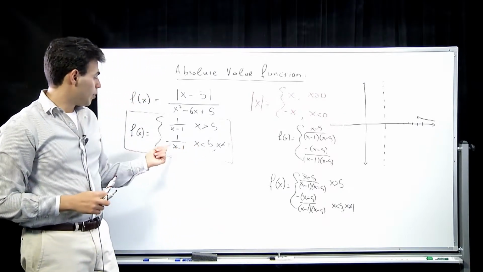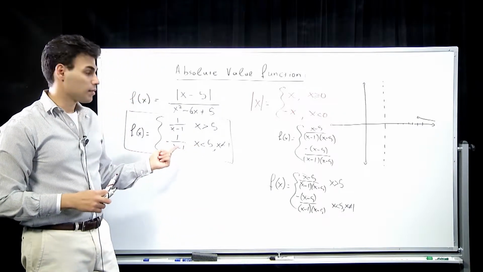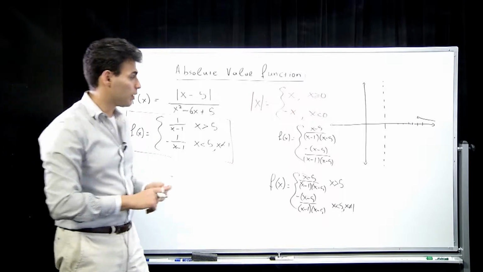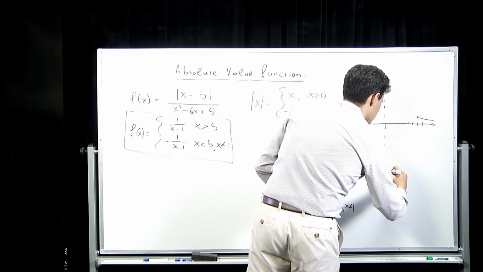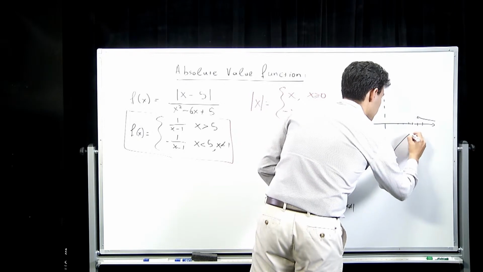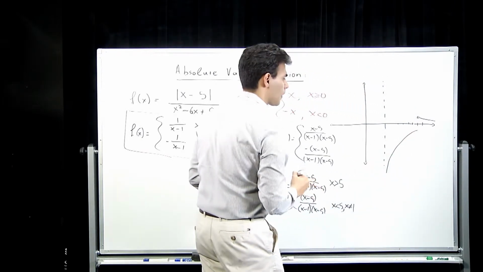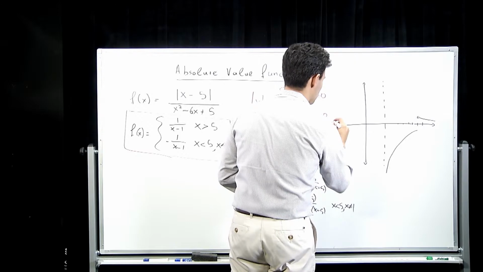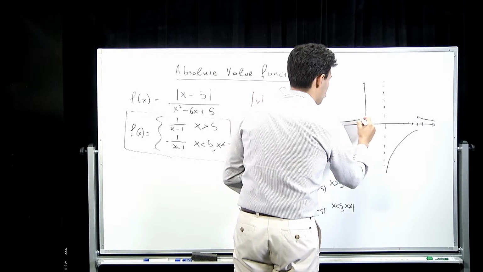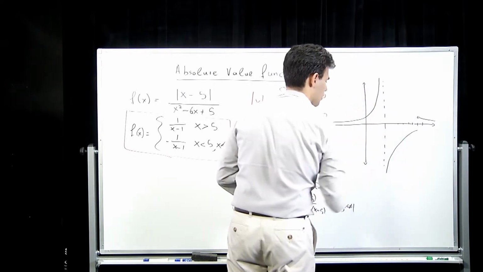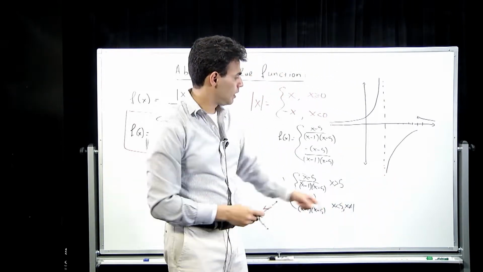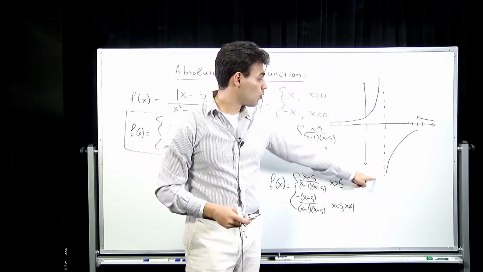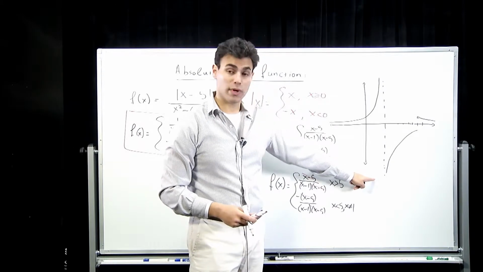Prior to 5, my function is minus 1 over x minus 1. So minus 1 over x minus 1 looks like so. And as you can see, it doesn't touch the x equals 1 axis.